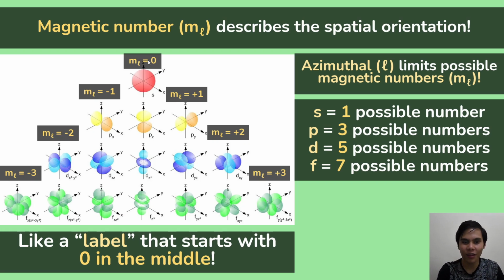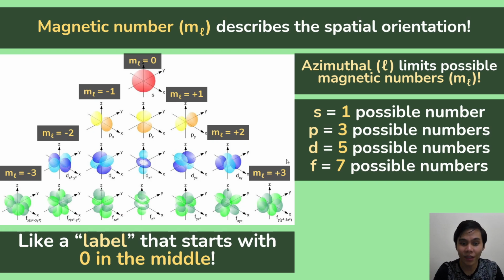So the magnetic number that's possible for the sphere is just one number, which is 0. For your p shape, since there's 3 possible orientations in space, it can be vertical, it can be horizontal, or it can be diagonal, or coming out of the page. So those 3 possible numbers become 0, -1, and 1. Think of it as a number line. It spreads out from 0.